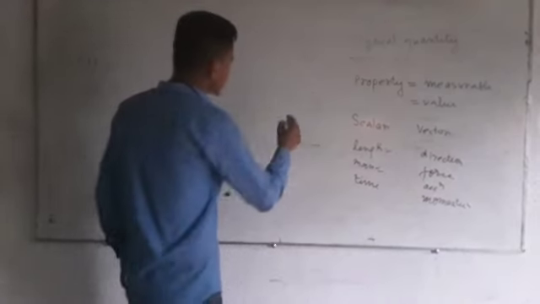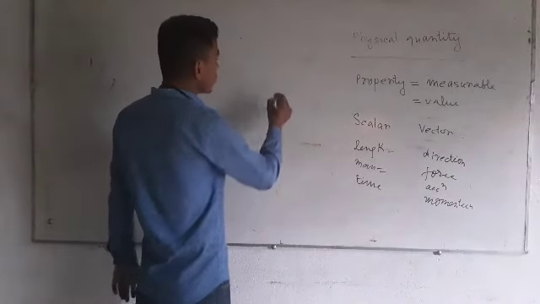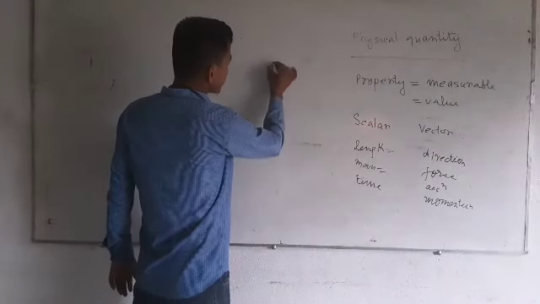And vector can be represented. If we have to represent vectors on paper, we will need an arrow overhead.